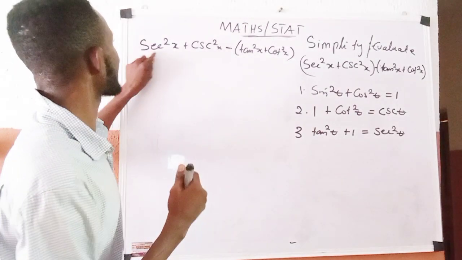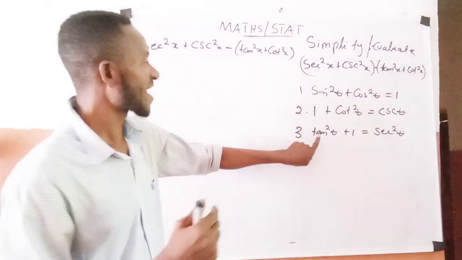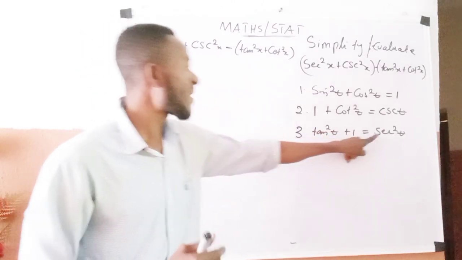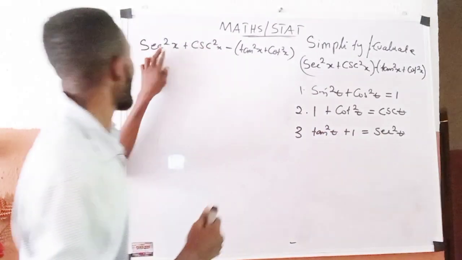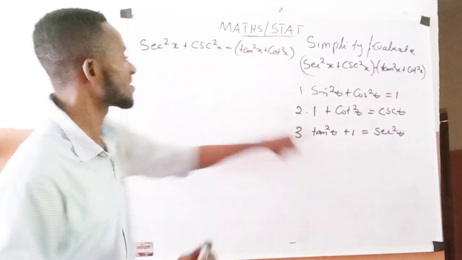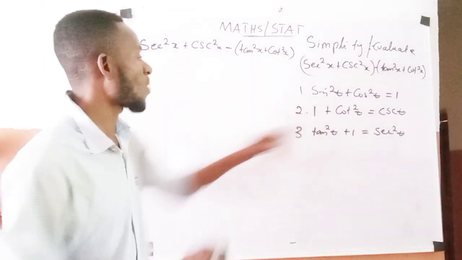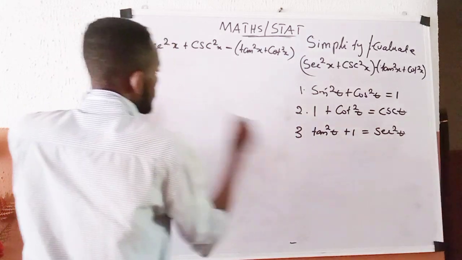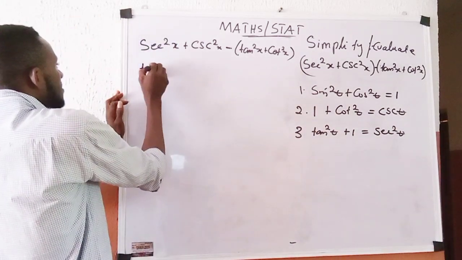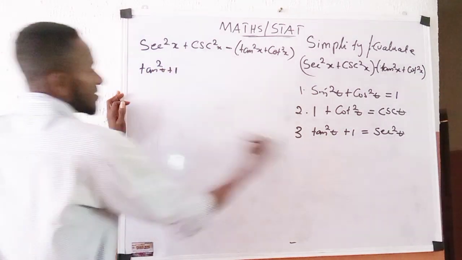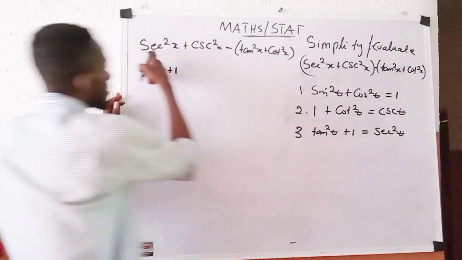We have already known that sec squared x is given as tan squared x plus 1. So in place of this sec squared x, I can write this quantity. So what I have in that place becomes tan squared x plus 1.